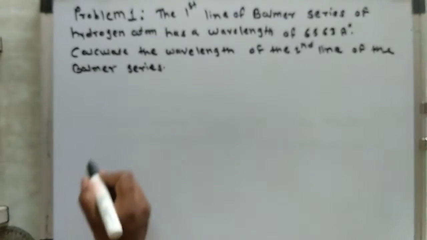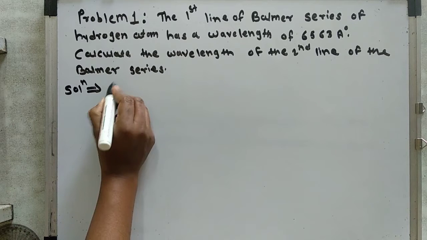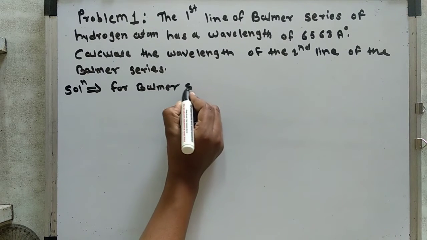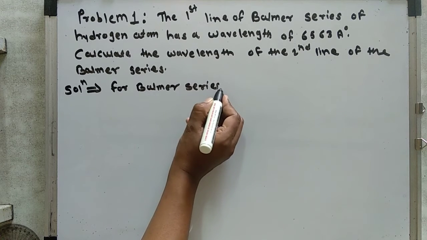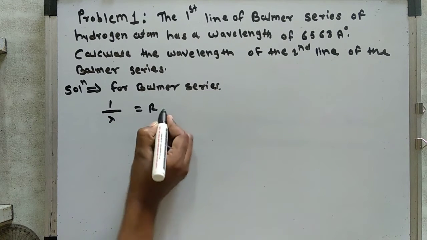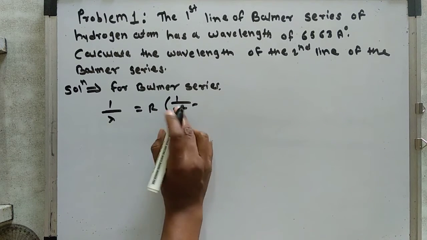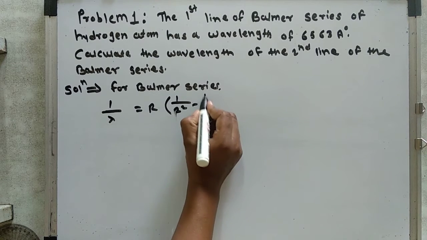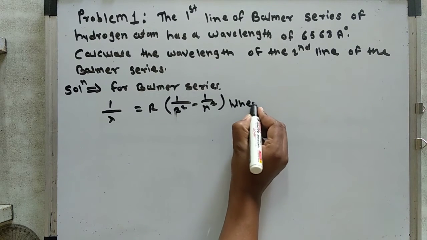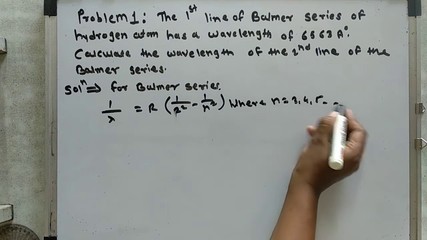Okay. Solution. For Balmer series, you know that 1 upon lambda is equals to R into 1 upon 2 square minus 1 upon n square, where n is equals to 3, 4, 5.